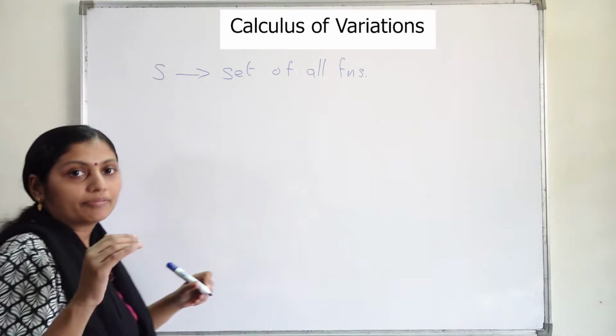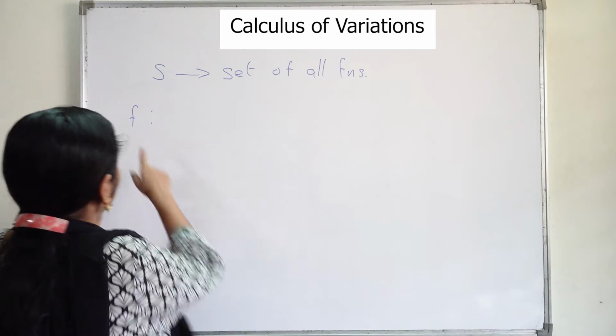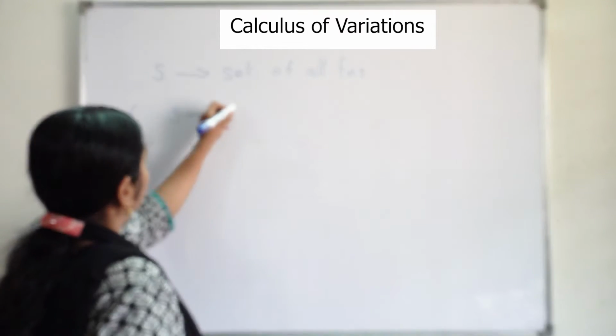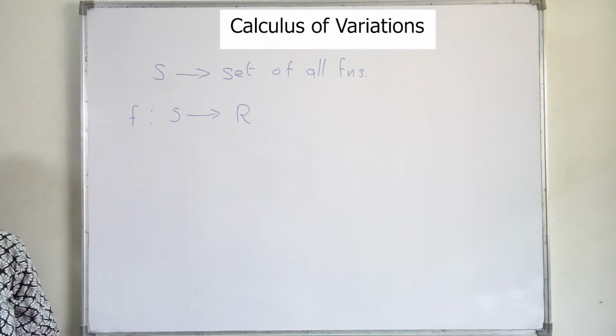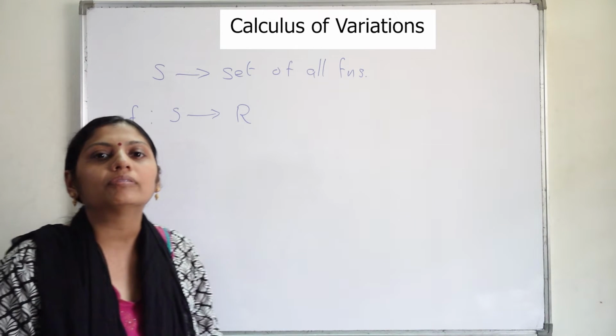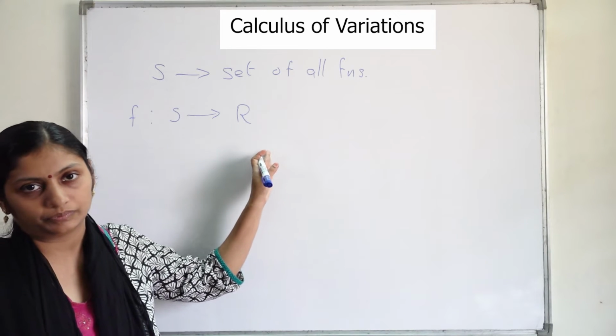Now, a functional is a function from the set of all functions to the real numbers. So, a functional is a real valued function which is defined from the set of all functions.